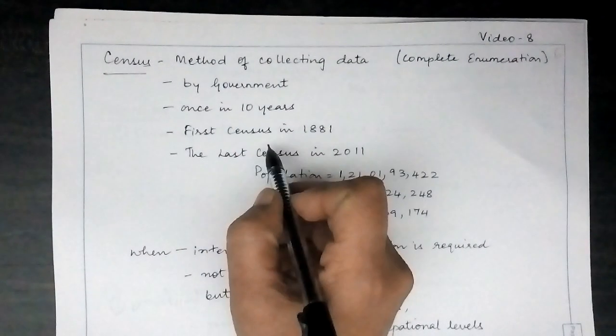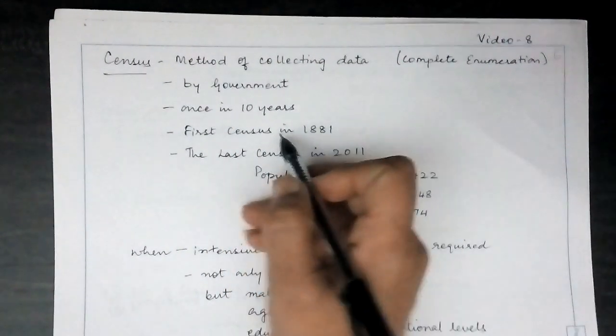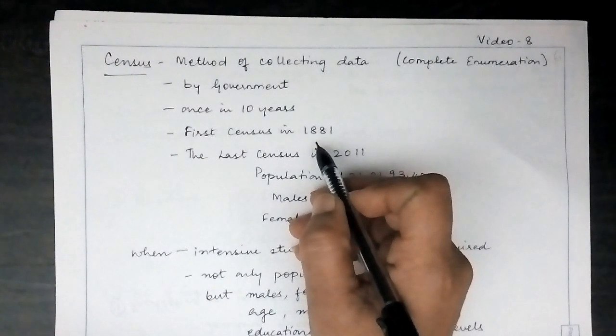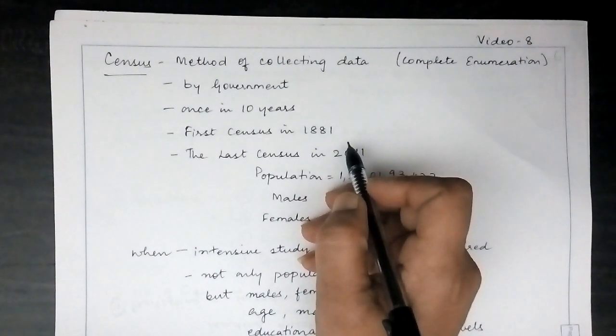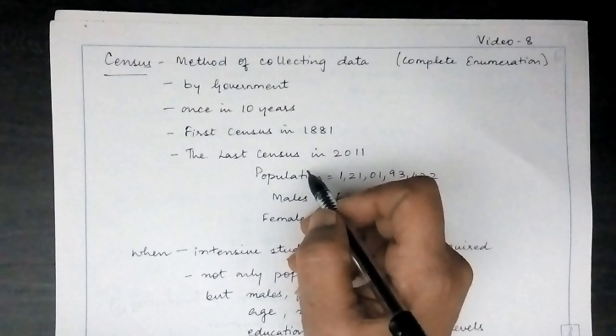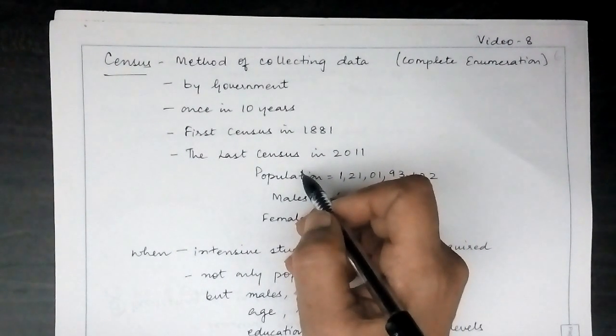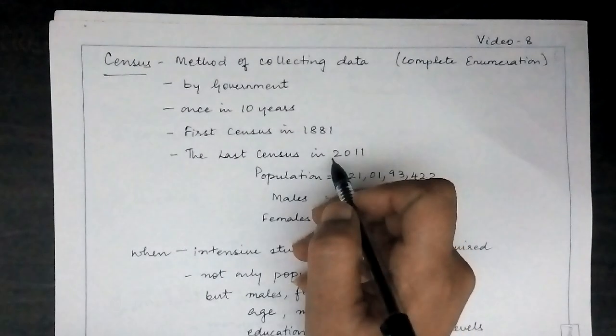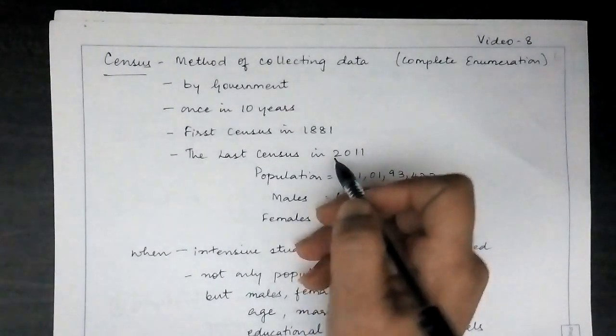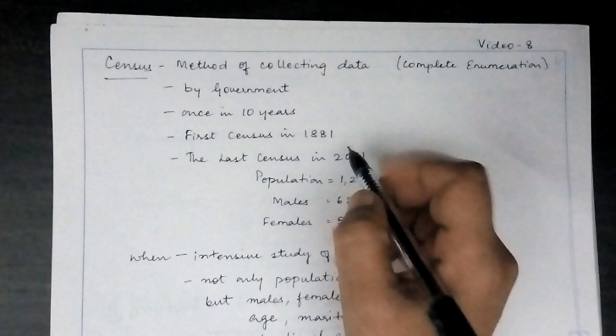The first census in India was conducted in the year 1881 by the then British government. The first census in the post-independent period was conducted in the year 1951.